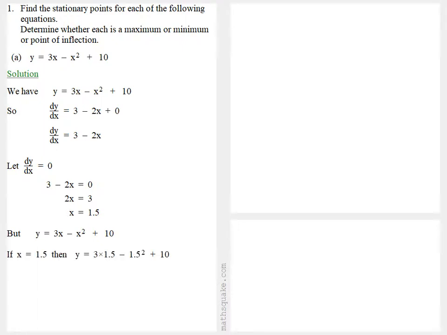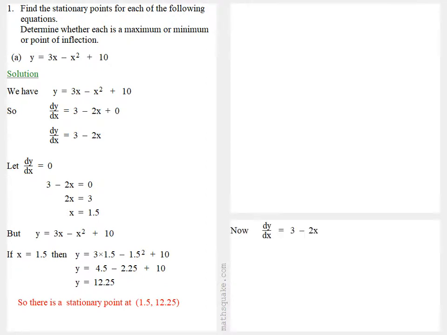So if x is equal to 1.5, then y is equal to 3 times 1.5 minus 1.5 squared plus 10, which means y is equal to 4.5 minus 2.25 plus 10, which is equal to 12.25. So there's a stationary point at (1.5, 12.25).